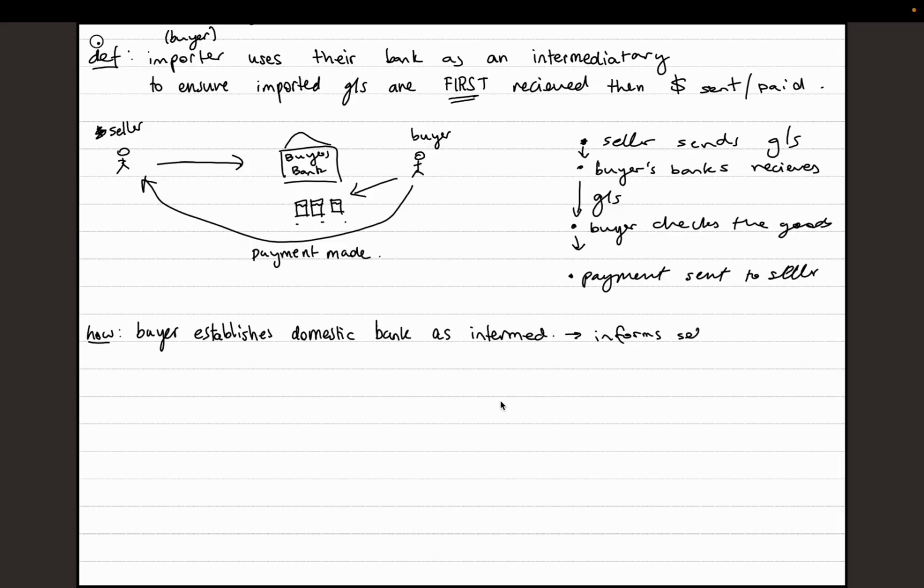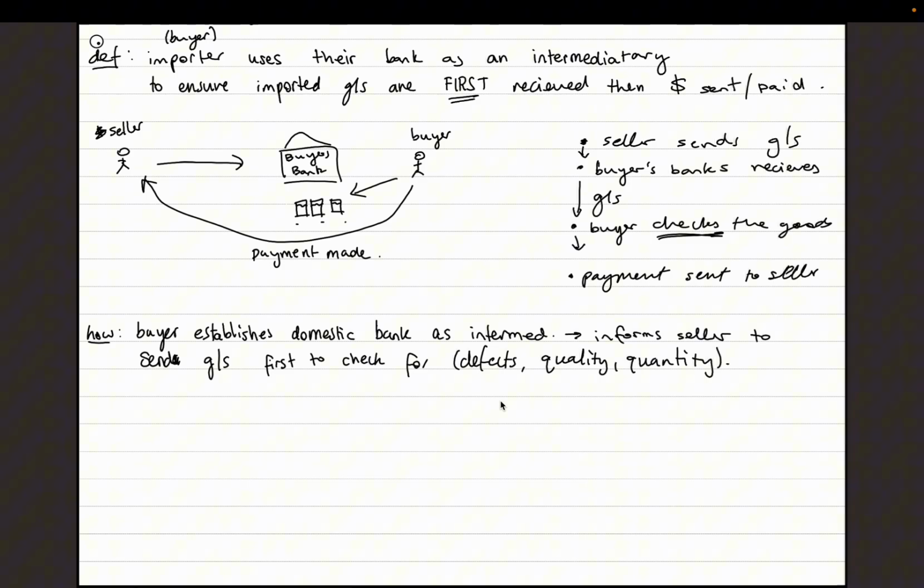Informs seller to send goods first. To check for, so when I mean check, I mean like check for sort of defects, quality, quantity, whatever it might be, right? They just need to check that it's all correct. Yeah, that's about it, because then the payment is made. We already specified that in the definition.